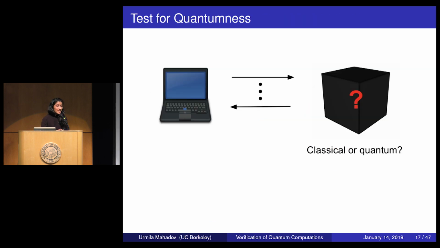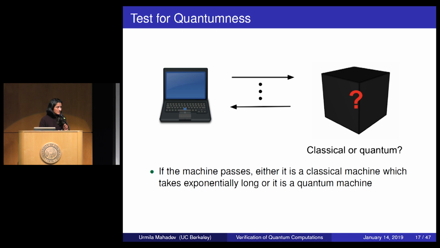OK, now I told you how to do this, so let's go into the test for quantumness. What does it mean to test that a machine is quantum? This is a protocol between a classical verifier and some machine. We don't know what this machine is, but it is claiming to be quantum, and we'd like to test it. Now, this protocol should have one guarantee: if the machine passes, either it's a classical machine which is taking an exponentially long time, or it's a quantum machine.